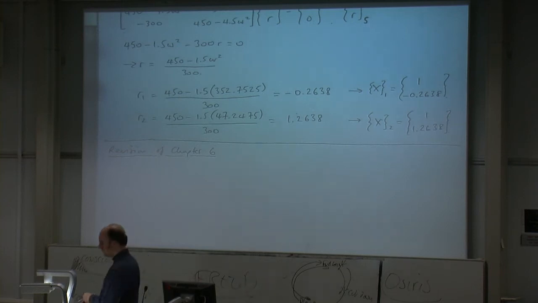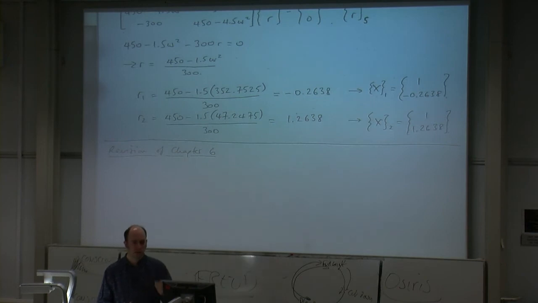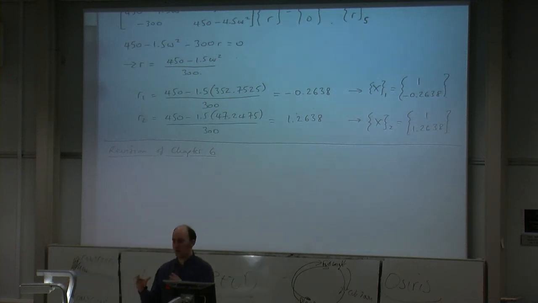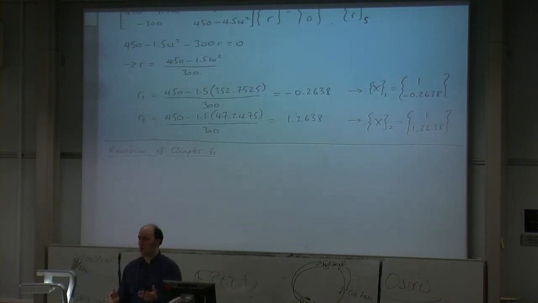Step 4 is where we find these things called the modal masses. Those values of modal mass allow us to rescale the mode shapes. They're still the mode shape, but they are rescaled, and that will then form what's known as the modal matrix. Then we use the modal matrix, which is the key, to uncouple the equations of motion. You end up with two uncoupled modal equations, which are second-order differential equations that are easy to solve.